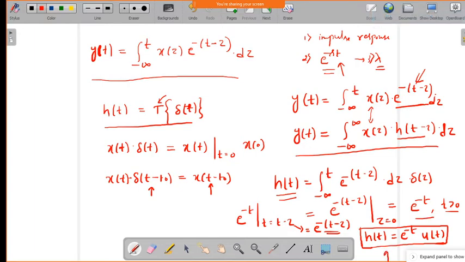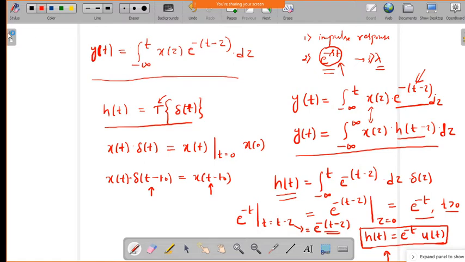Now we need to find the corresponding eigenvalue for the complex exponential signal e power minus st. In order to find that, first use this as the input signal x of t.